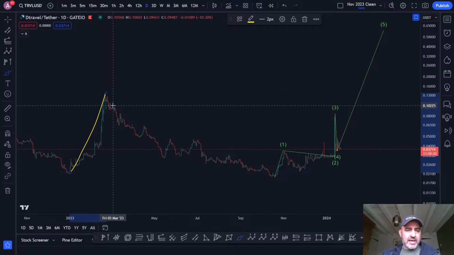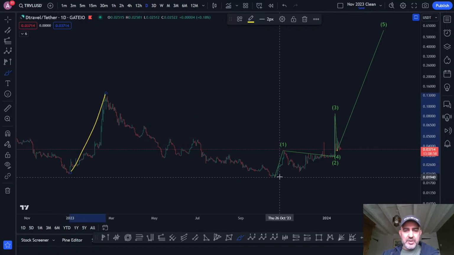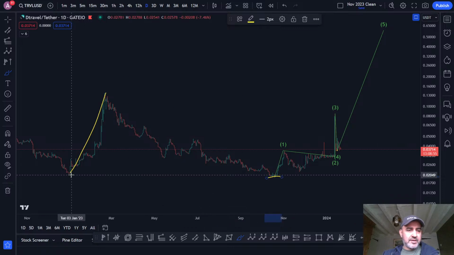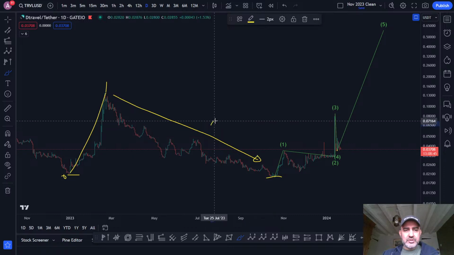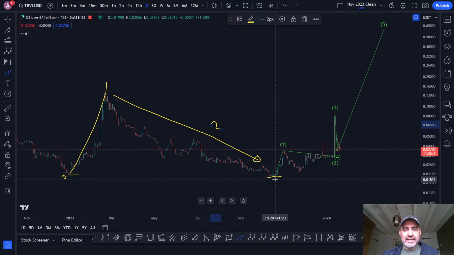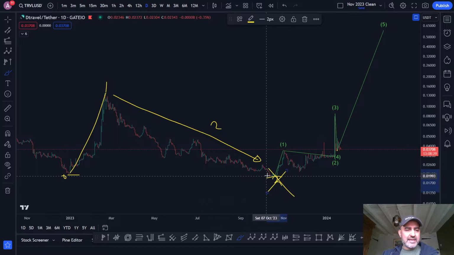The reason why this isn't a wave 1 is because we made a new low here. We took the low out from here, and if you make a new low after you have a 0 to a 1, and this whole down move is a 2, that invalidates the count. So this can't be the 3, can't be a 2, because we made a new low.